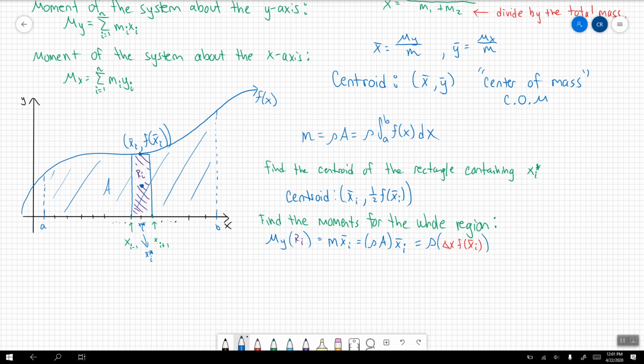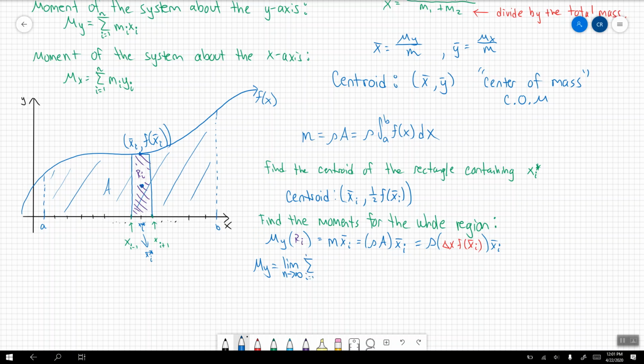So that's rho multiplied by f of x bar sub i times delta x, and this is still multiplied by x bar. Now, if I want to calculate all of these moments, not just an approximation for one specific area, I want all of the moments for the whole region. So the moment for the whole region, m sub y, is going to be the limit as n goes to infinity.